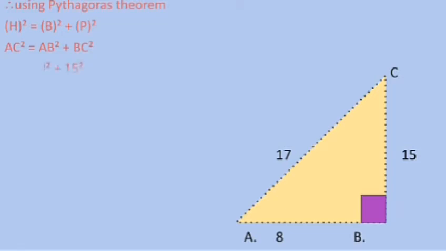Okay class, now AB square value is 8 square and BC square value is 15 square. The perfect square of 8 is 64 and the perfect square of 15 is 225. When we add these two values, we have AC square equals 64 plus 225.